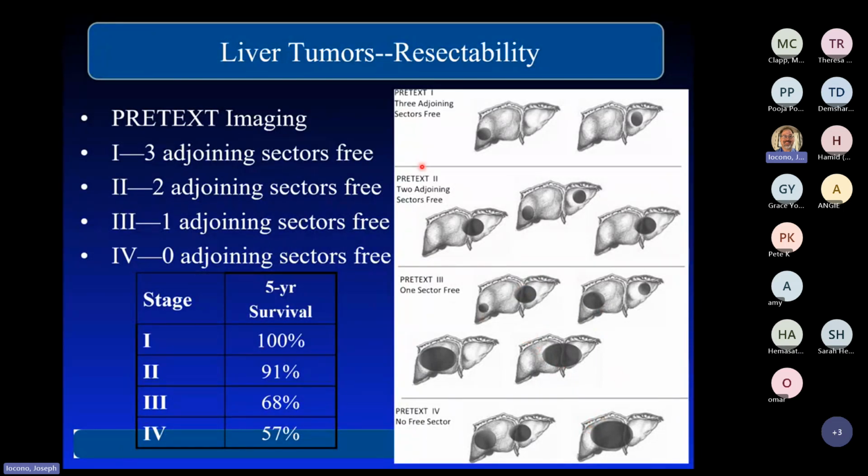So stage 1, basically, these are all cured by resection. You can just take out 1 section and they have 100% survival. Stage 2, if you can tease these out, obviously this middle one's going to do better than this one. This one, if it's involving the hepatic bifurcation, I'd probably shrink with chemo first and go from there. Stage 3, they're going to need pre-op chemo. Stage 4, they're going to need pre-op chemo. If it's unresectable, you can do a liver transplant for hepatoblastoma.